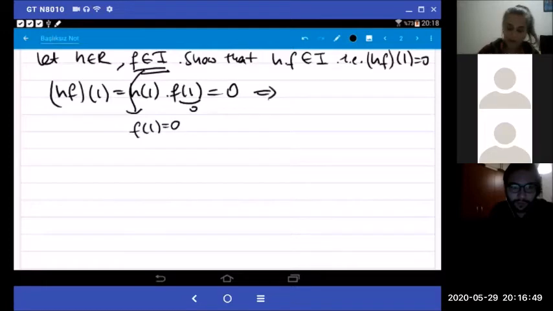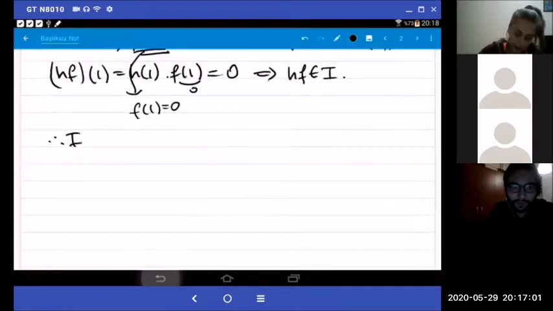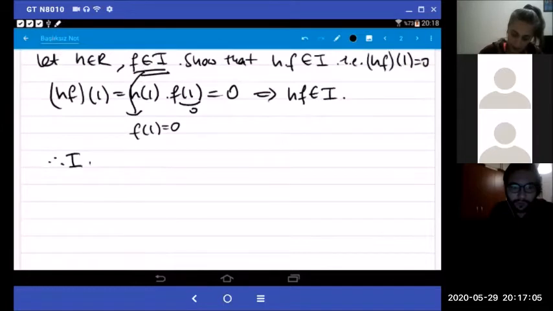So the function value of h times f evaluated at 1 is equal to 0, giving you that h times f lies in I, and hence I is an ideal. I is an ideal of R.